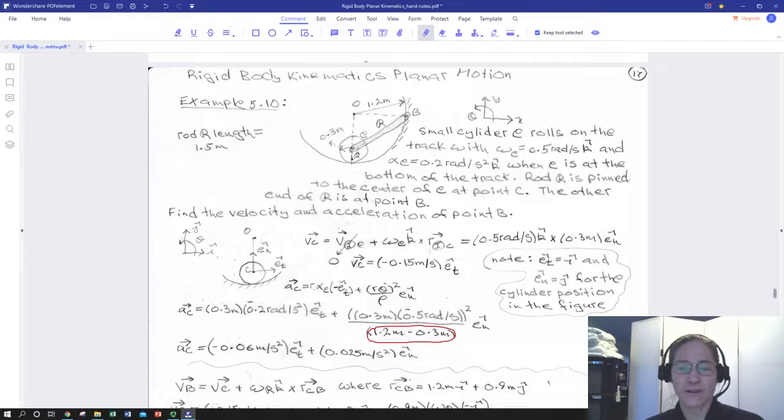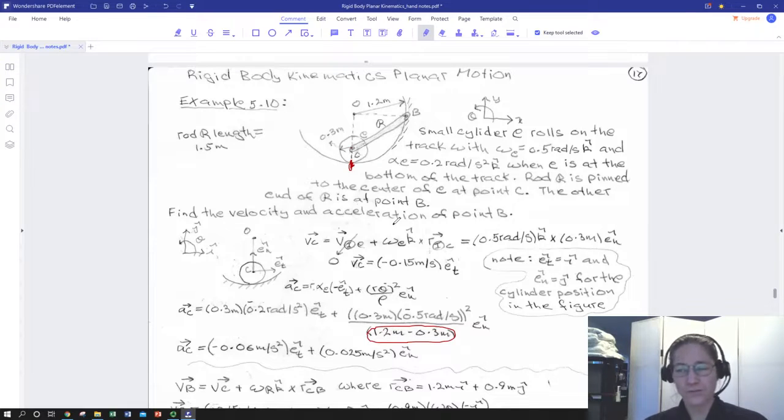So everything is instantaneous. We know those angular velocities and accelerations at that point. Rod R is pinned at the bottom and it's sliding up at B. And someone wants to know the velocity and acceleration of point B.